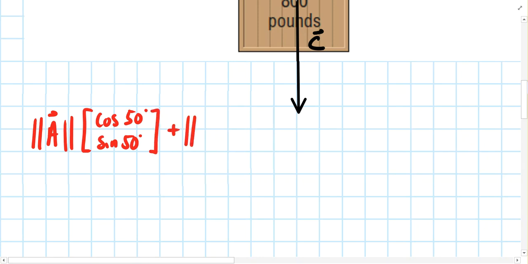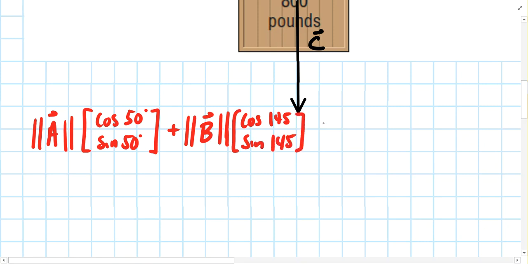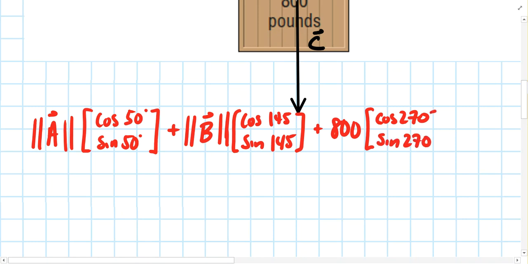We would need to know the magnitude of vector B and multiply it by cosine of 145 and sine of 145. And we would need to know the magnitude of C, which in this case we do know, and that's 800 times cosine 270 and sine 270.